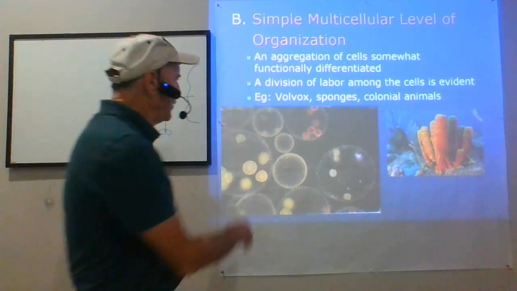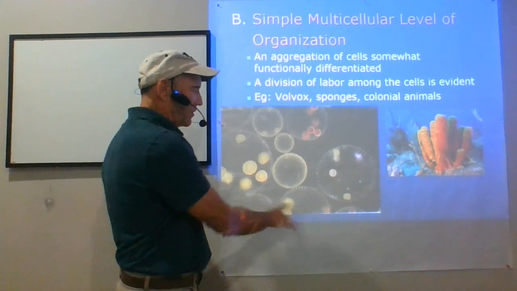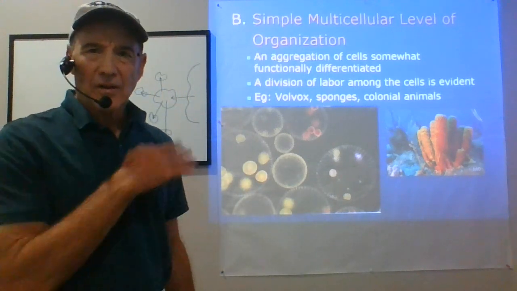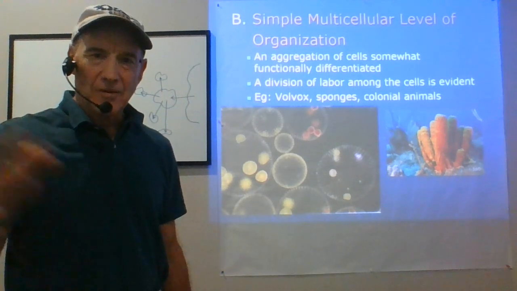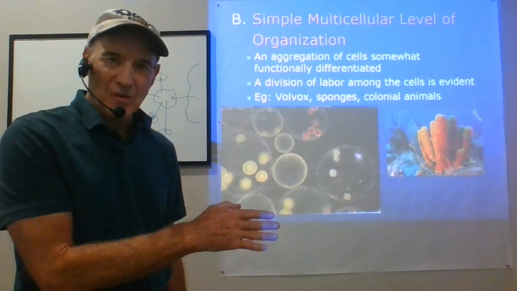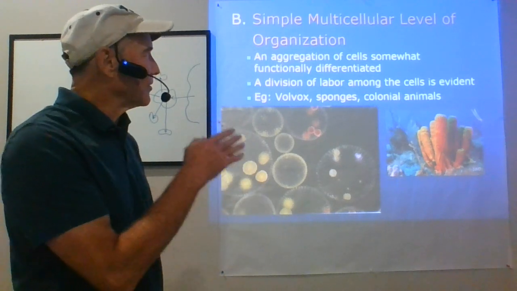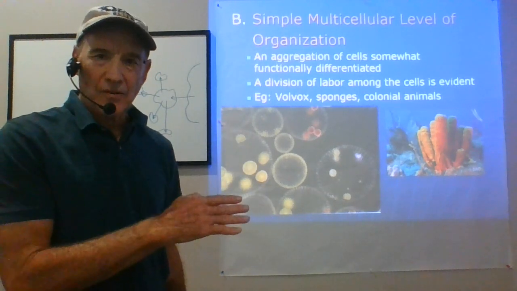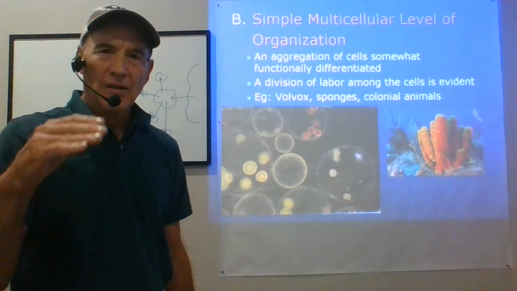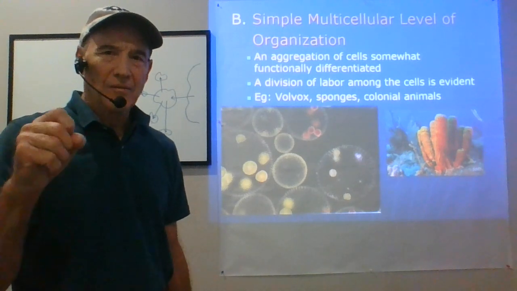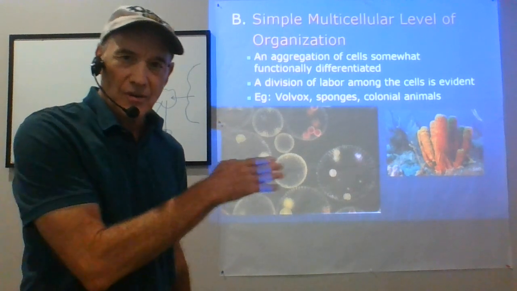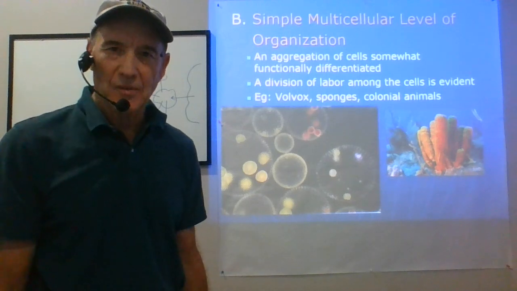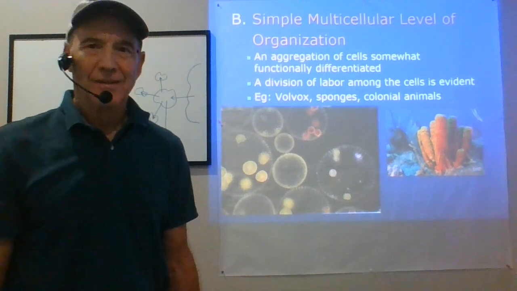You can see in all the different species of volvox this advancement from super simple multicellular volvox to more advanced multicellular volvox. You can see a progression of advancement in volvox even.